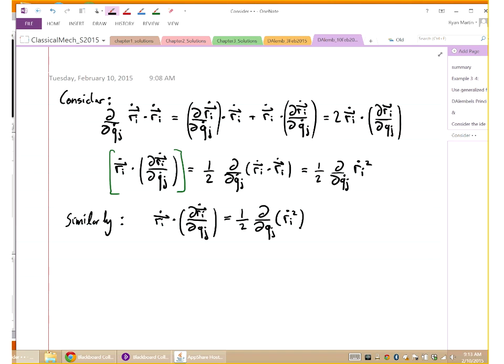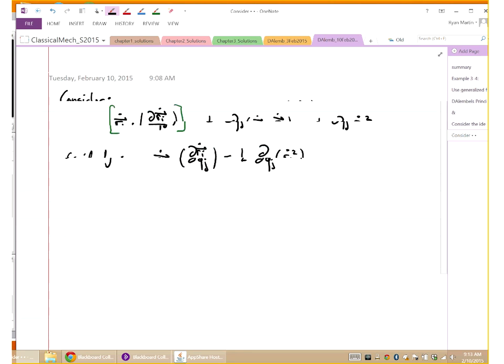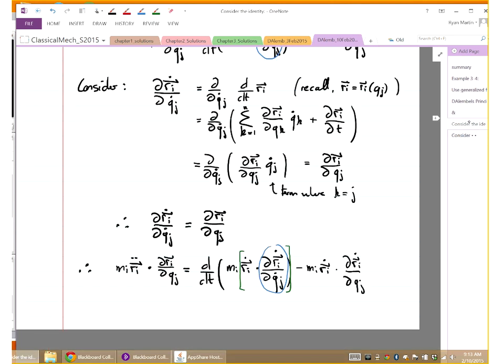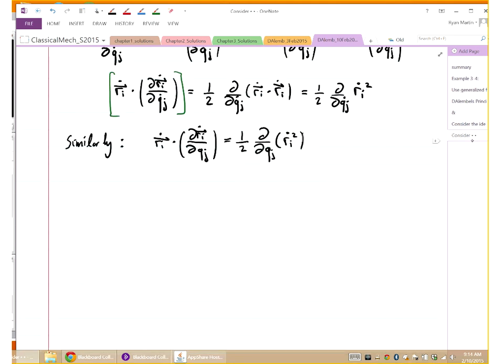Alright, so I think now we have all of our properties. Now we've got to go and put everything together. The term we were working on was the last term on this page, right? So we have m_i r̈_i dotted with ∂r_i/∂q_j equals the rest. So let me rewrite that down.